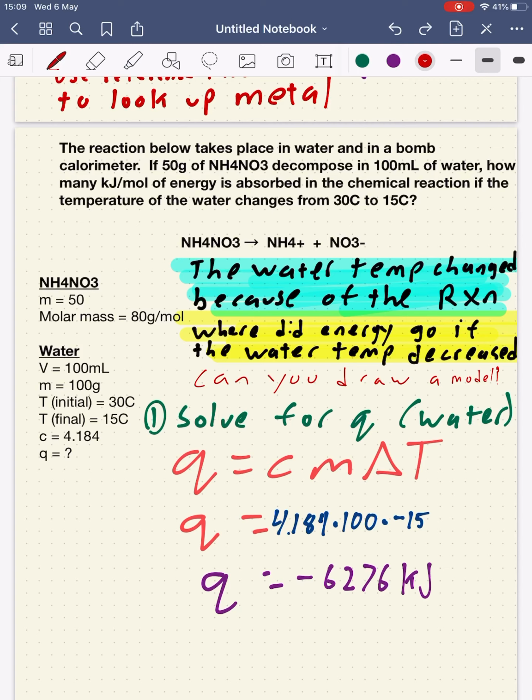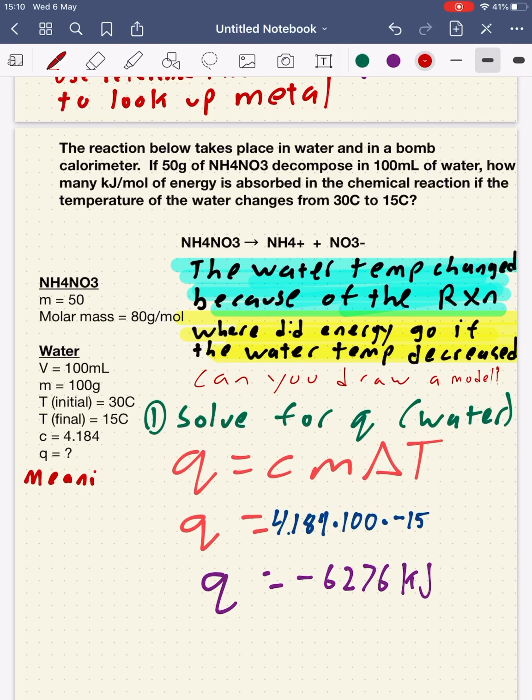Okay, so go back to that question in yellow. Where did the energy go? Here we're seeing that for water, the energy change is negative. So that means it's losing it. The temperature is decreasing. It's also losing energy in this system.